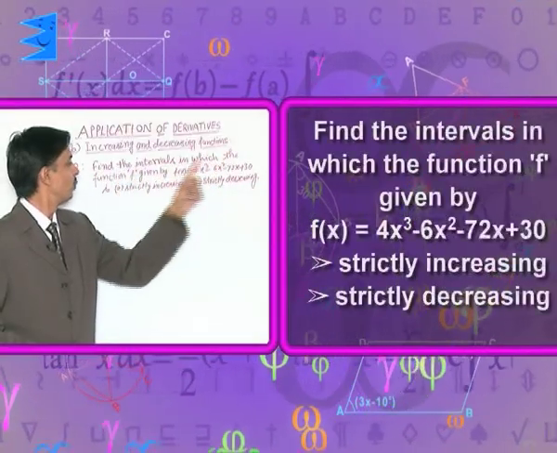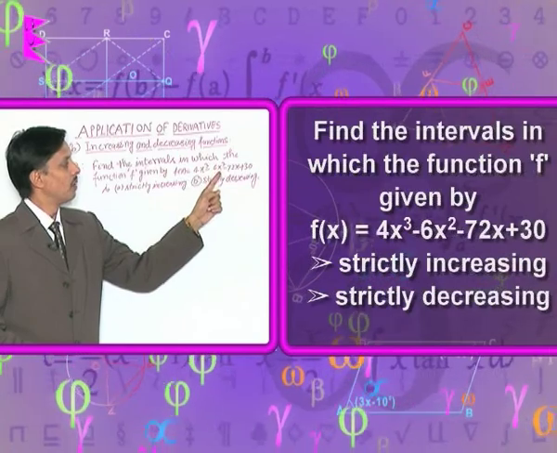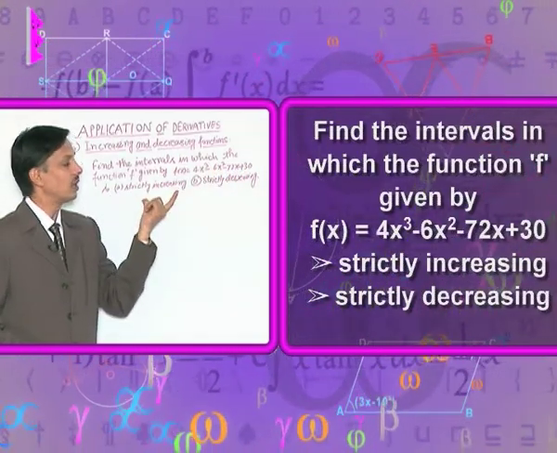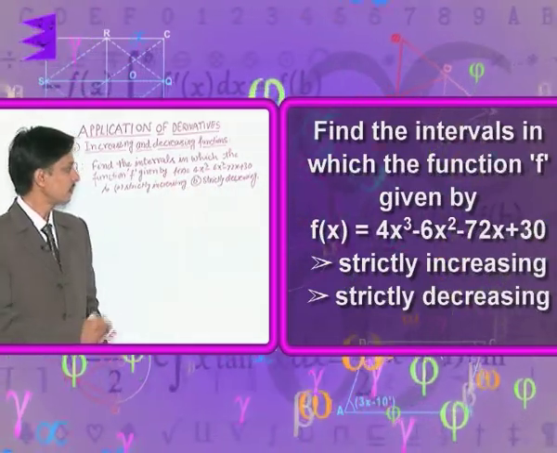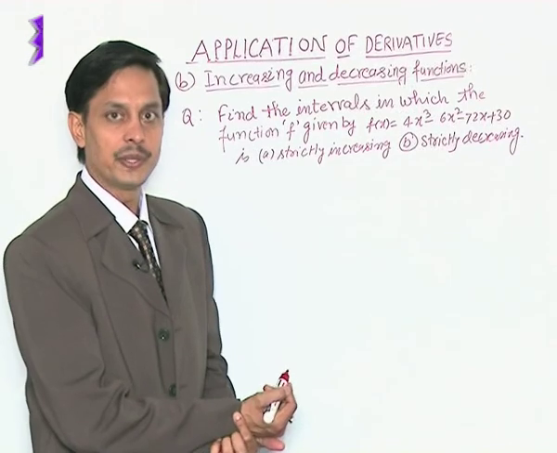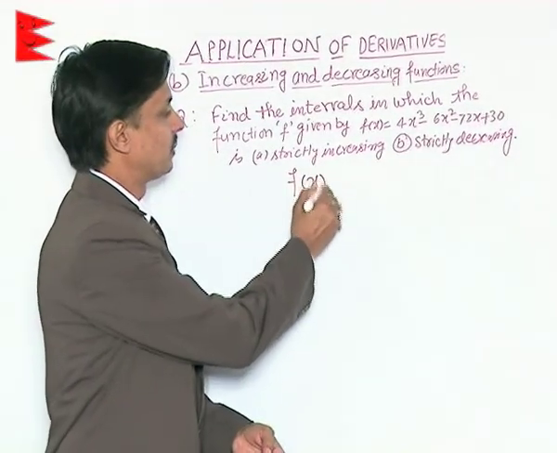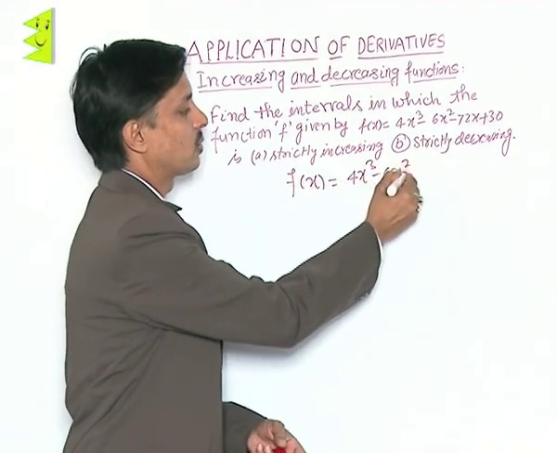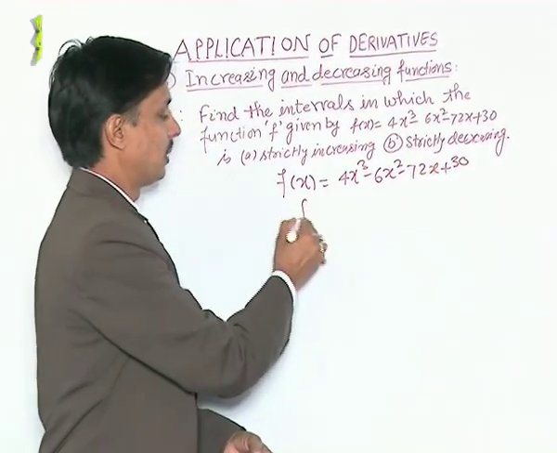Find the intervals in which the function f given by f(x) = 4x^3 - 6x^2 - 72x + 30 is strictly increasing and strictly decreasing. If we talk about it, we find that f(x) is 4x^3 - 6x^2 - 72x + 30.